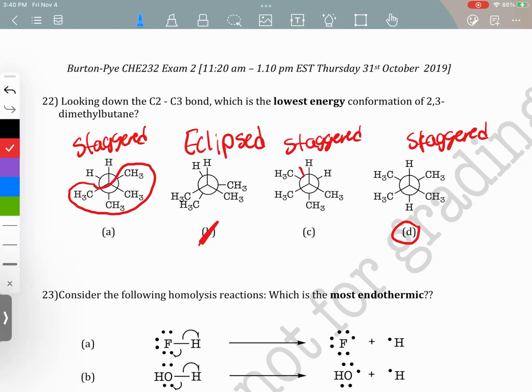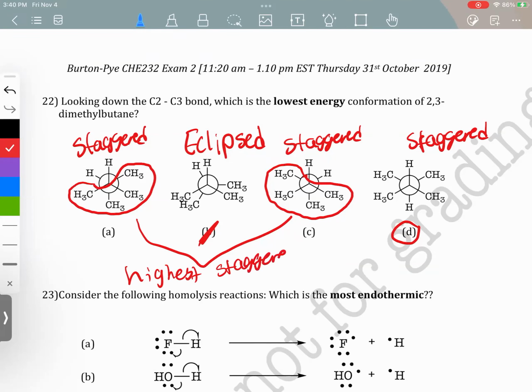That's a whole lot of steric hindrance happening. So these two are both the highest staggered energy conformation. Versus D, we only have 2 methyl groups next to each other. Still some steric hindrance, yes, but not as much as A and C. So that's why this one is lower in energy.